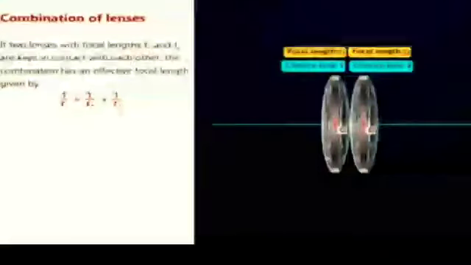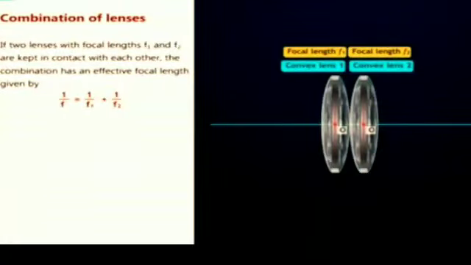Combination of lenses. If two lenses with focal length f1 and f2 are kept in contact with each other, the combination has an effective focal length which is given by 1/f = 1/f1 + 1/f2.